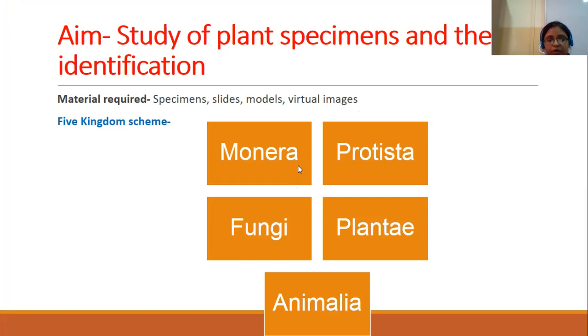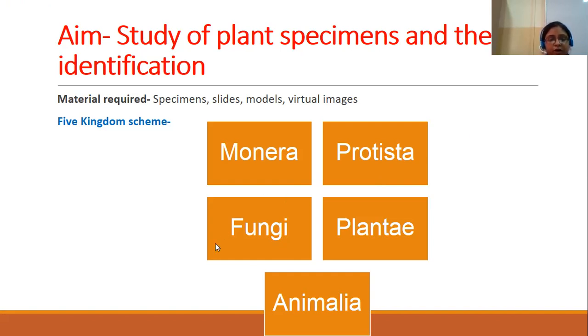This kingdom Monera is the kingdom of bacteria, to which all the unicellular prokaryotes, unicellular bacteria, belong. Then next in the row comes the kingdom of Protista. This kingdom is called the kingdom of unicellular eukaryotes, to which all the amoeba, paramecium, protozoa belong.